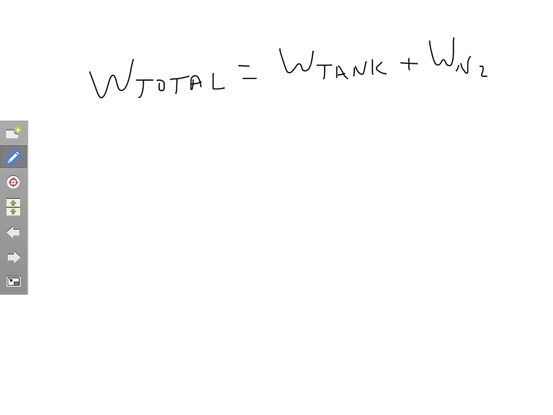Now we're not done, because that's not exactly what we were asked for. We were asked for the total weight. And the total weight is the weight of the tank plus the weight of the nitrogen. And in fact, we don't even know the weight of the nitrogen yet, because we only have the mass. But we know that the weight of the tank was 222 newtons. And we know that the weight of the nitrogen is going to be just the mass of the nitrogen times the acceleration of gravity.